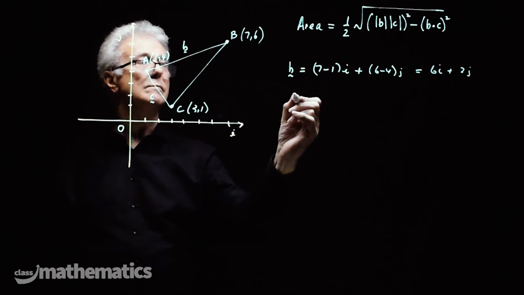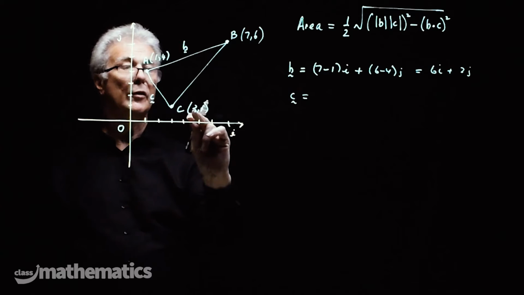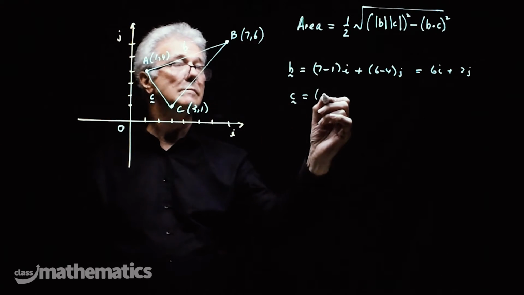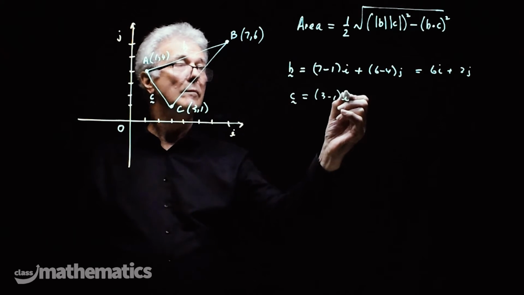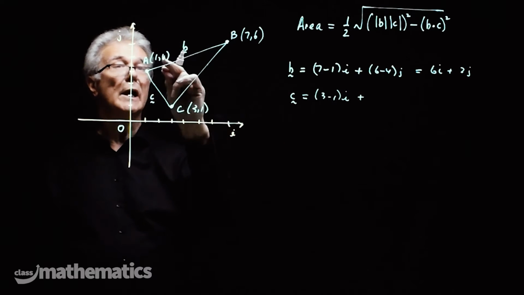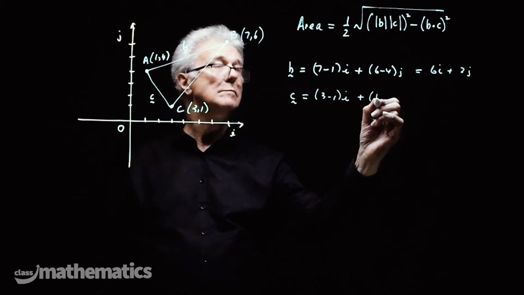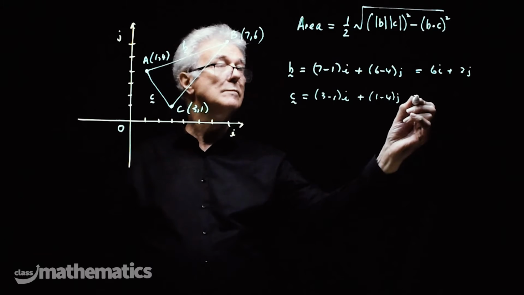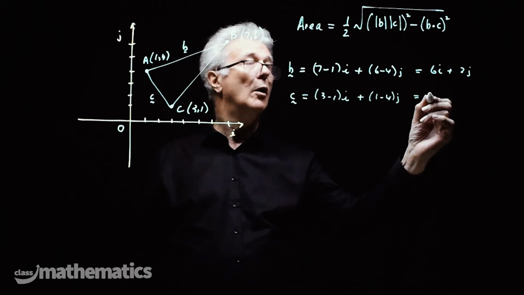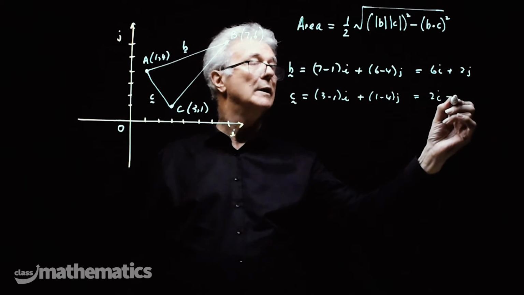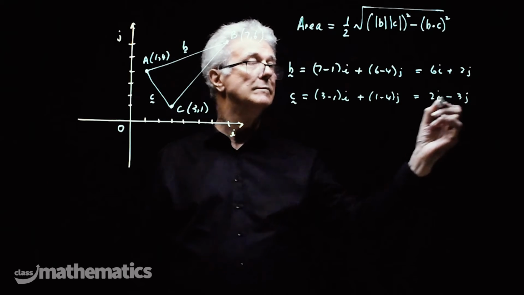The vector c is equal to 3 take away 1 i plus 1 take away 4 j, which gives me 2i minus 3j.